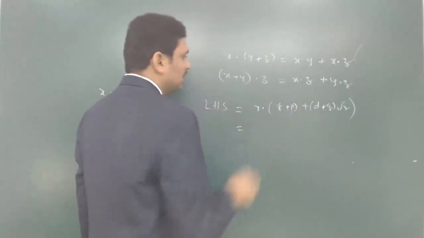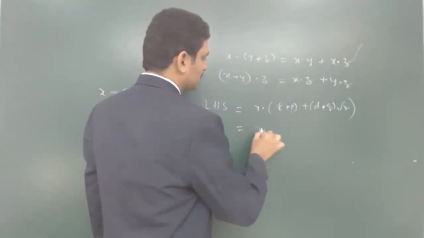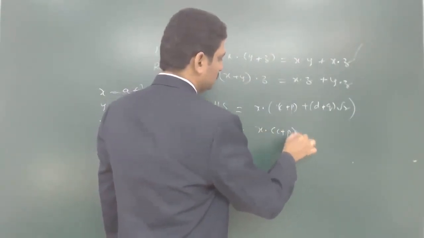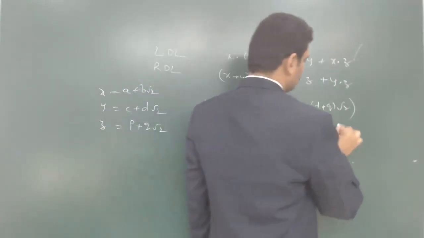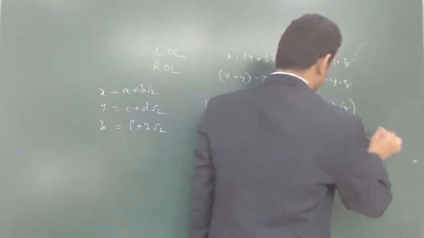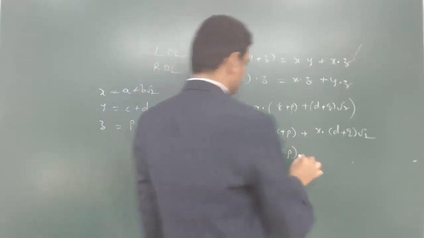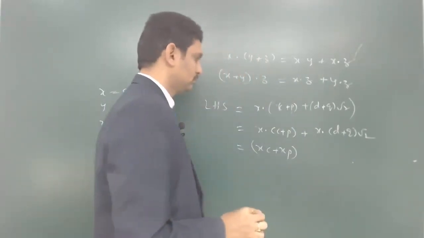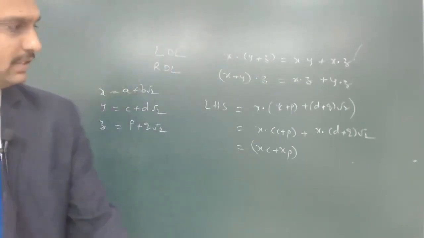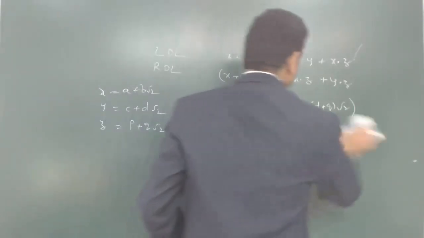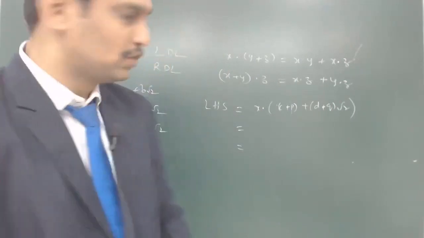On multiplication, you will get the value as... I will simply write like this for convenience. So you can write the solution in a single step.